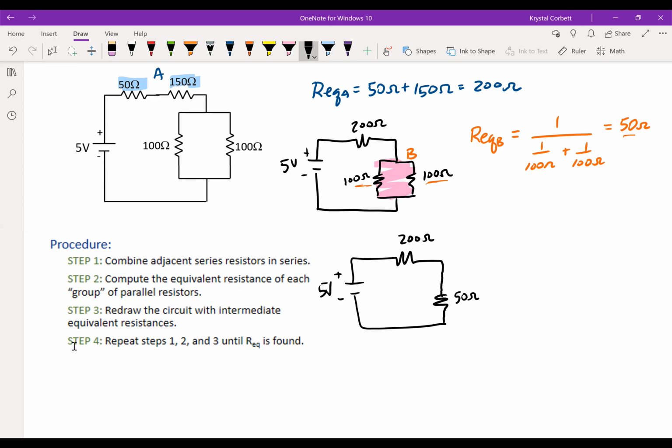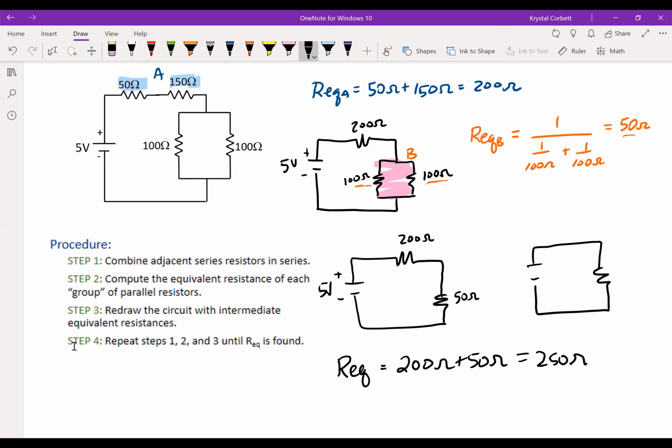So now I can find the overall equivalent resistance, REQ, is 200 ohms plus 50 ohms, which is 250 ohms. So if I redrew my final version of my circuit, I have one equivalent resistor, plus minus 5 volts, and it's 250 ohms. And now if I were to need to find power or current passing through it or any other information, I can utilize that equivalent resistance.